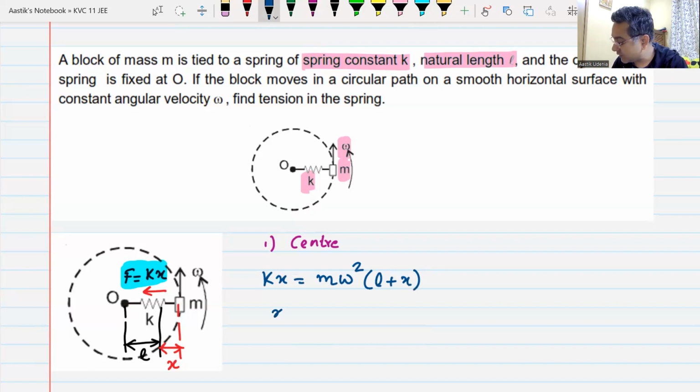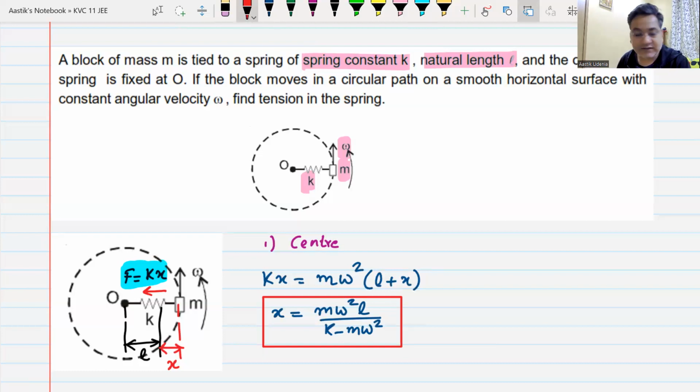From here, I can find out the value of X. What is the value of X? The value of X will be m omega square L upon K minus m omega square. That is the value of X that we are going to get from here.